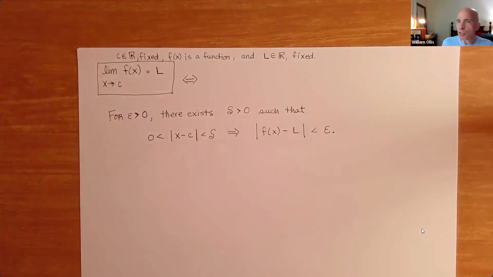Maybe we choose epsilon equal to 1 for convenience. Maybe we choose it equal to 1/2 or 1/5 or whatever. The idea is that whatever value we pick, it has to make sense for the function that we are analyzing. So just keep that in mind.